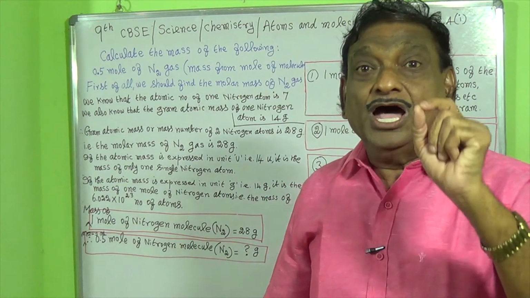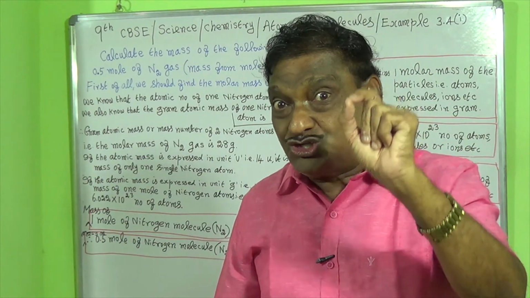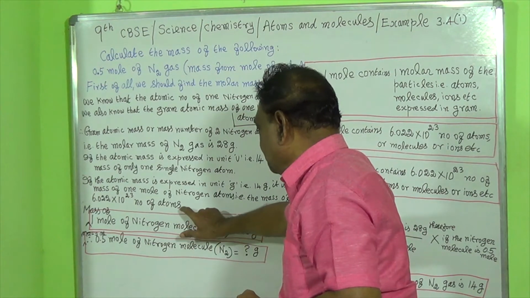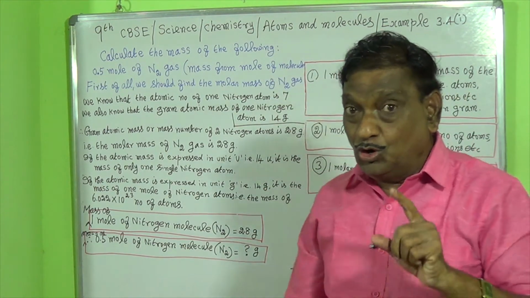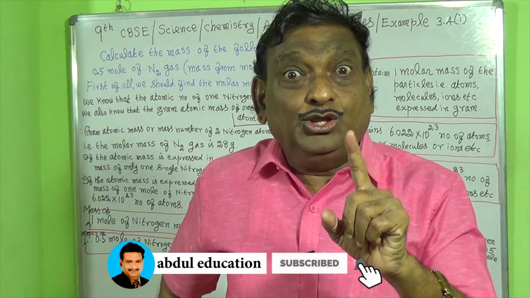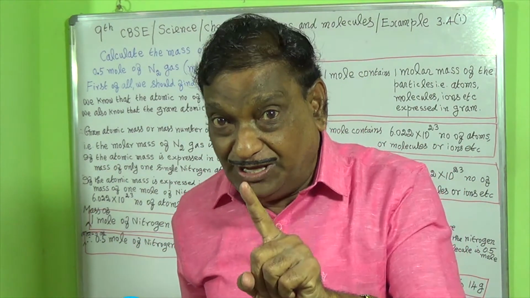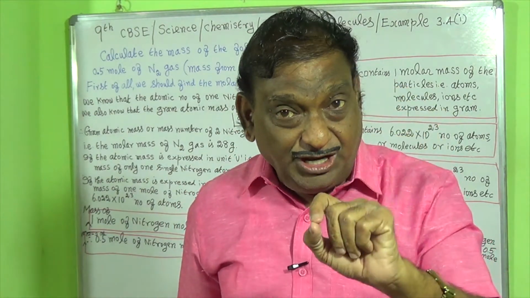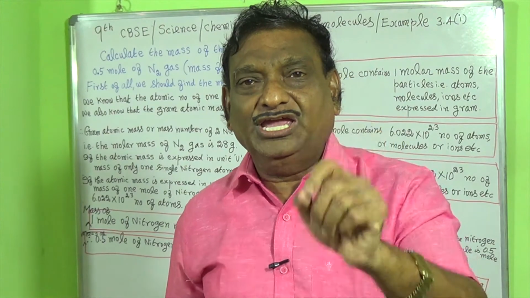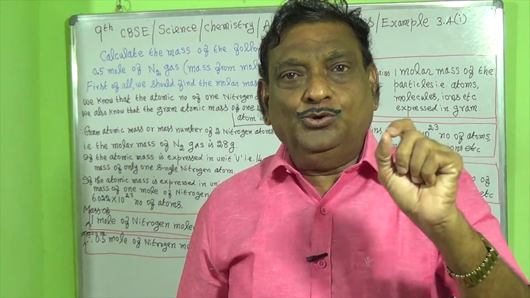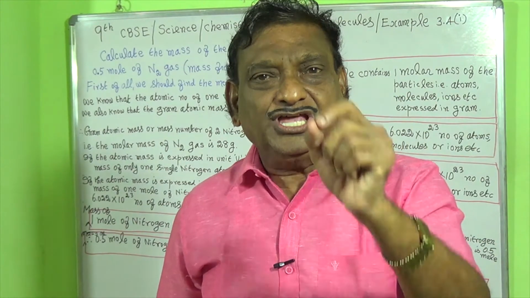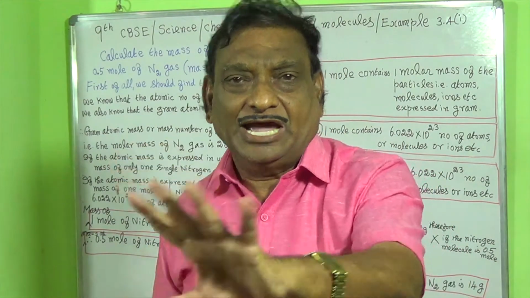That is the mass of 6.022 into 10 to the power of 23 number of atoms. So, my dear students, note the difference in the units very carefully. If the unit is given in U, it means that it is the mass of one single atom. If the unit is given in G, it means that it is the mass of 1 mole of atoms.